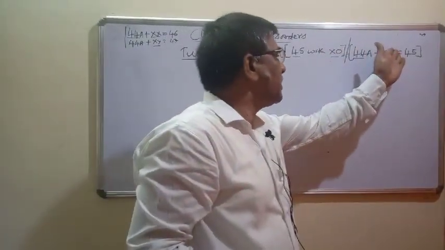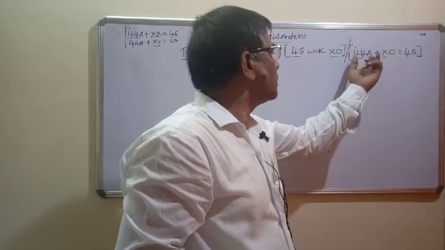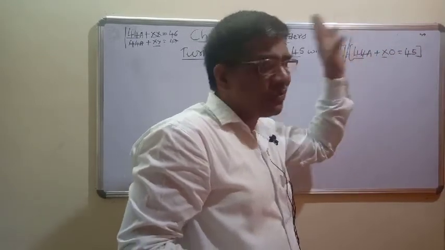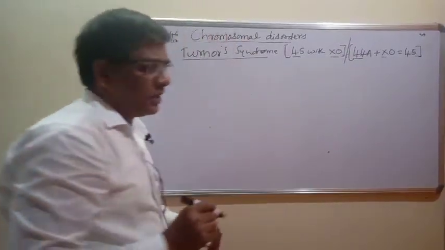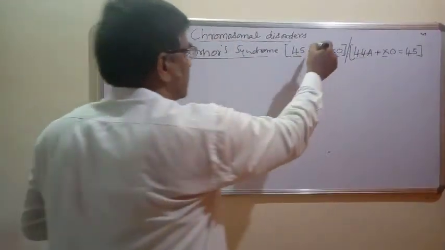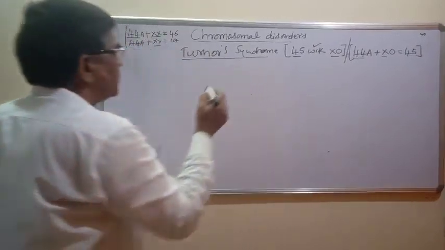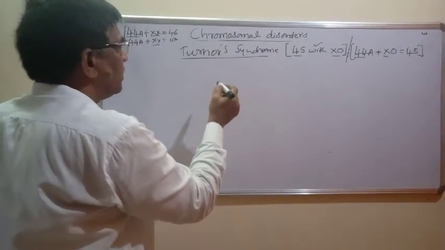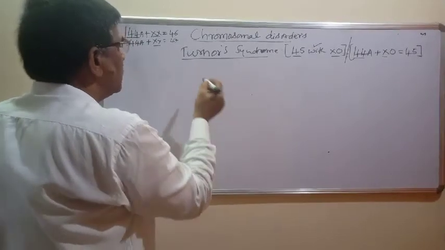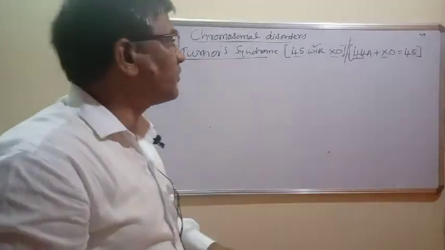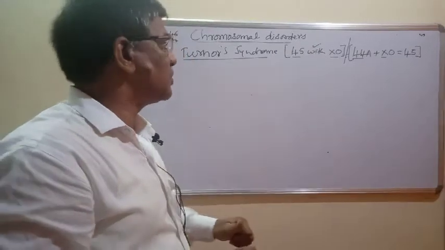So 0 cannot be taken into account. Therefore, 44 plus 1 is equal to 45. This generally affects the female individual. This is the karyotype of this syndrome or disorder, which generally affects the female, as I told you. This is also because of non-disjunction, non-separation of the chromosomes.